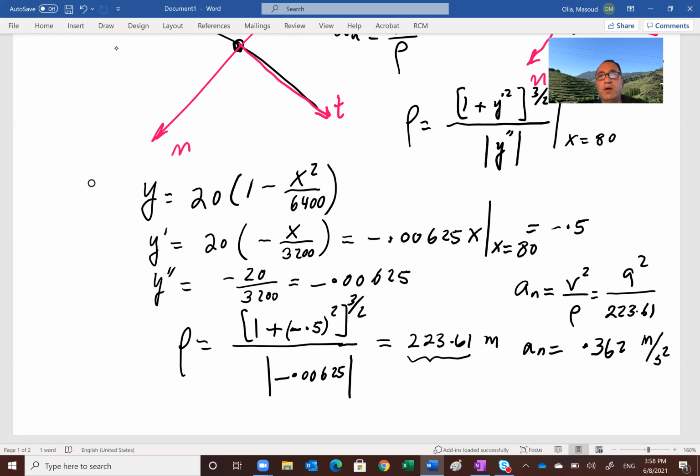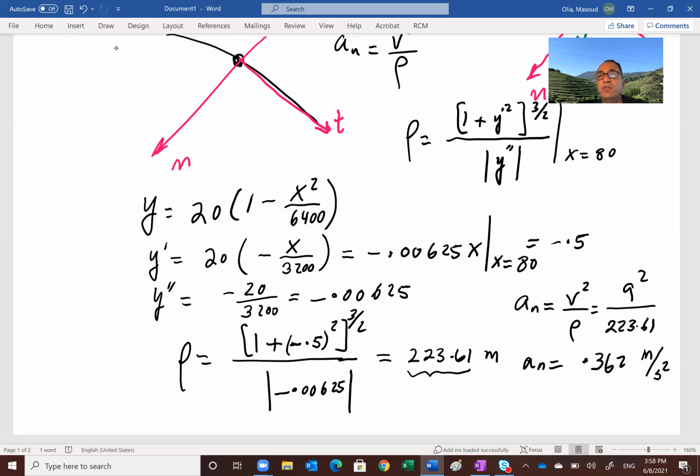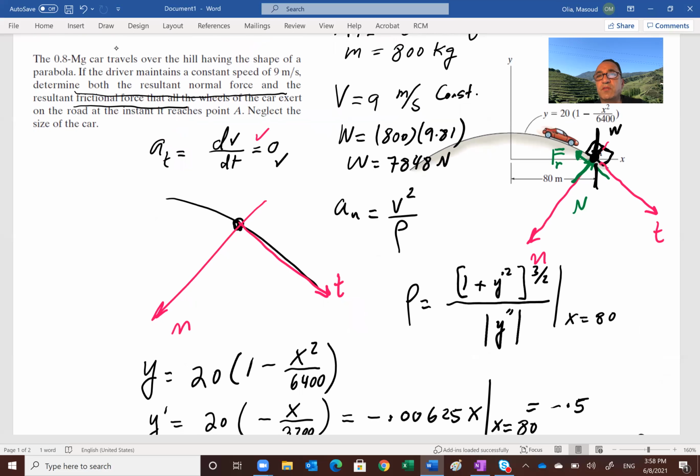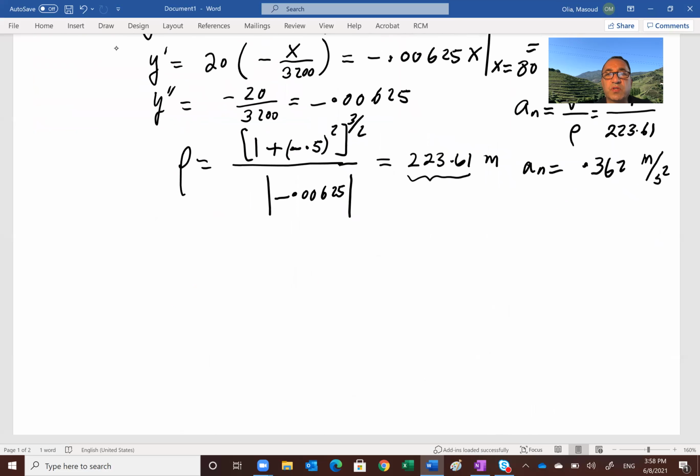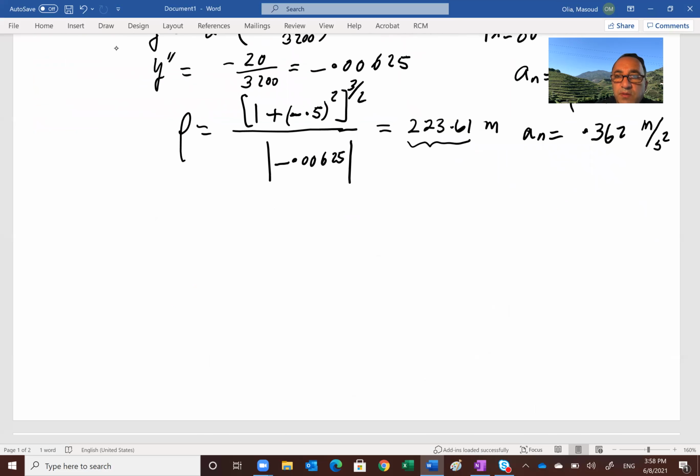All right, let me go back up and redraw this picture for you down here. So let's take a look at this again one more time, guys. Remember, this is the car at this instant. This is the tangential axis. This is the normal axis.